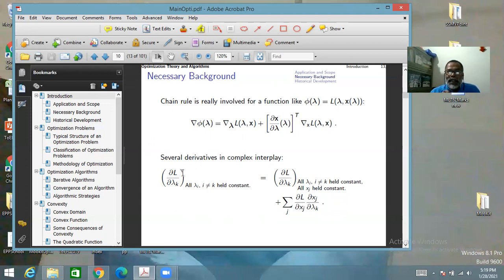And on this side, del L by del lambda k is with all lambda i's except k held constant, and all xj's also held constant. That is, not only from the same family, but from the other family also. Plus here the variation of L on lambda through x is provided for from here. This summation is actually this product term. So this kind of complicated application of the chain rule appears at times.